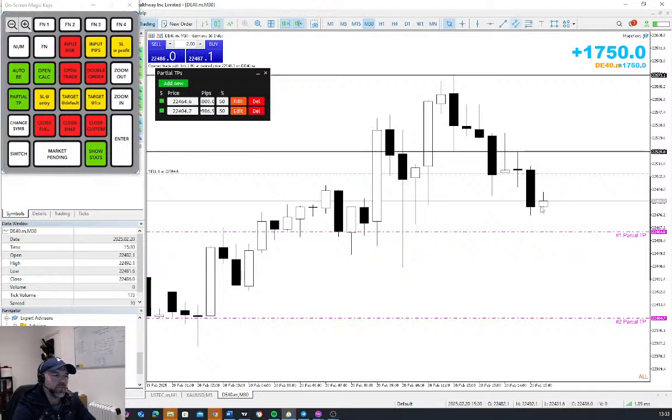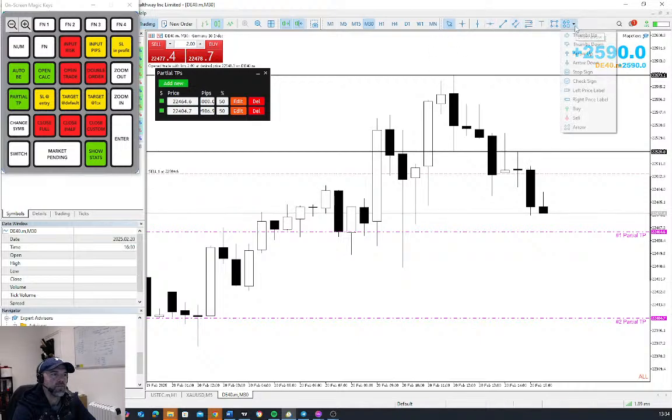So what I'm going to do for trade management here is, now that this market's pushed up and created a top wick, I was referring to this one.